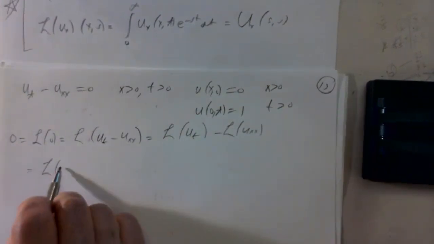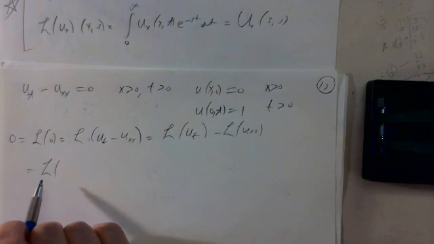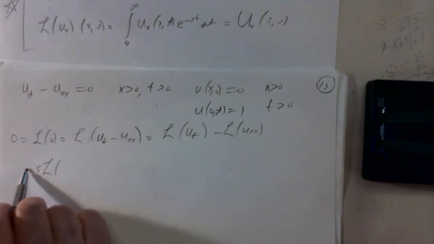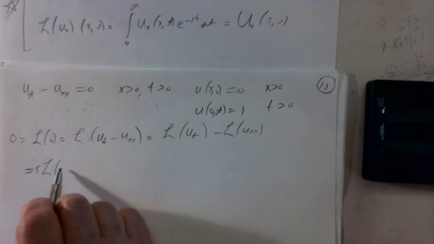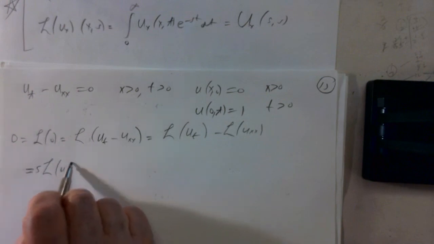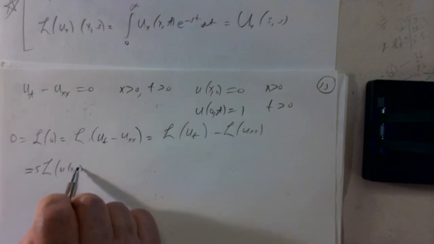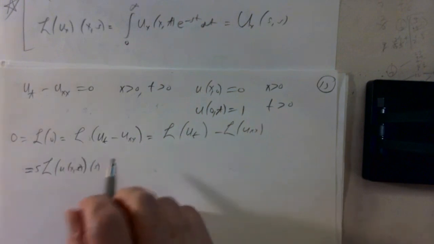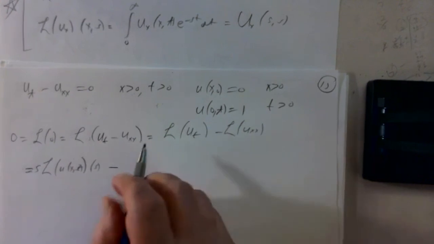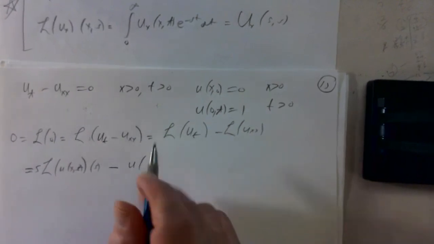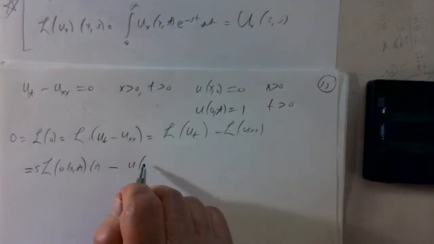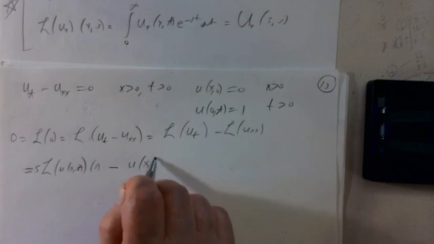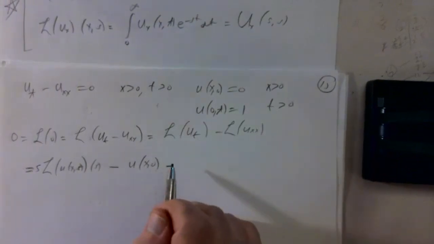The Laplace transform of u sub t is s times the Laplace transform of u minus u at x, 0.